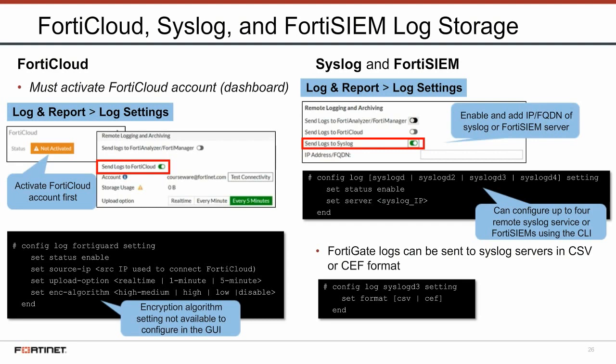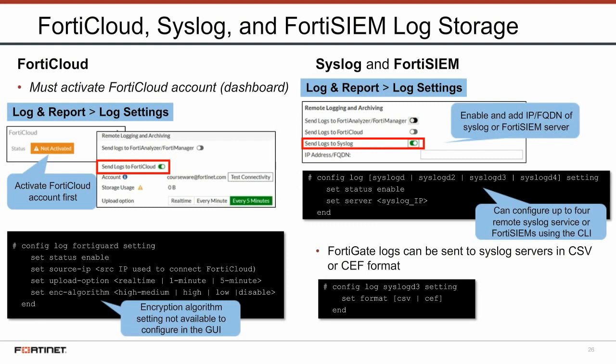FortiGate supports sending logs to Syslog in CSV and CEF format, an open log management standard that provides interoperability of security-related information between different network devices and applications. CEF data can be collected and aggregated for analysis by enterprise management or security information and event management SIM systems such as FortiSIM. You can configure each Syslog server separately to send log messages in CEF or CSV format.